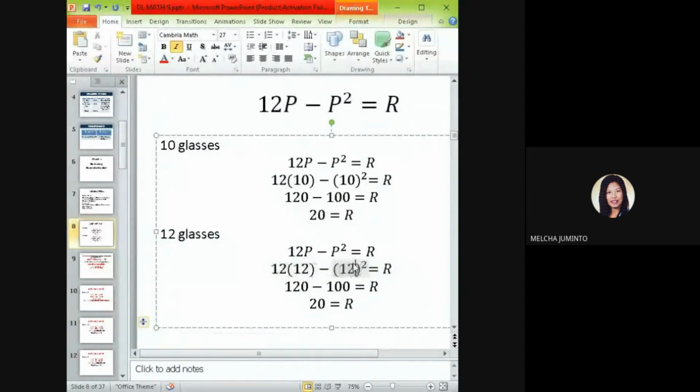The product of 12 times 12 is 144. And once I square 12, it is also equal to 144. Then 144 minus 144 equals 0. That means there's no revenue. Even though I prepared 12 glasses of the same product, I will be getting 0 revenue.